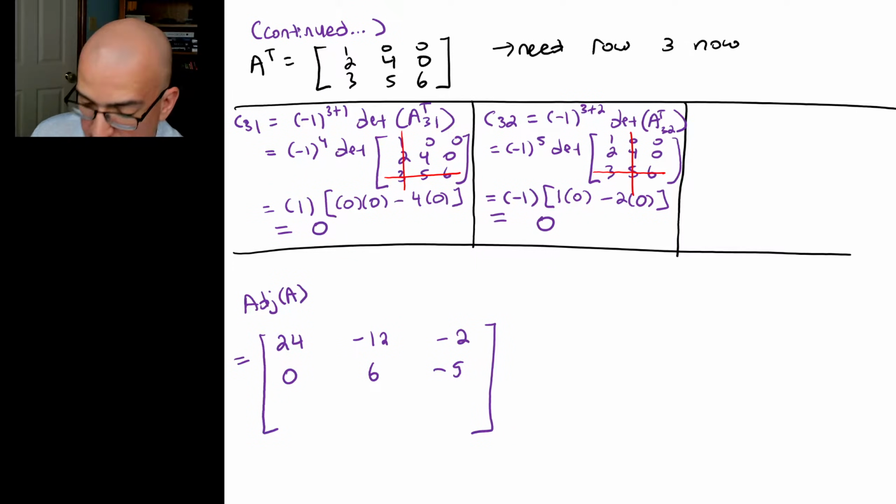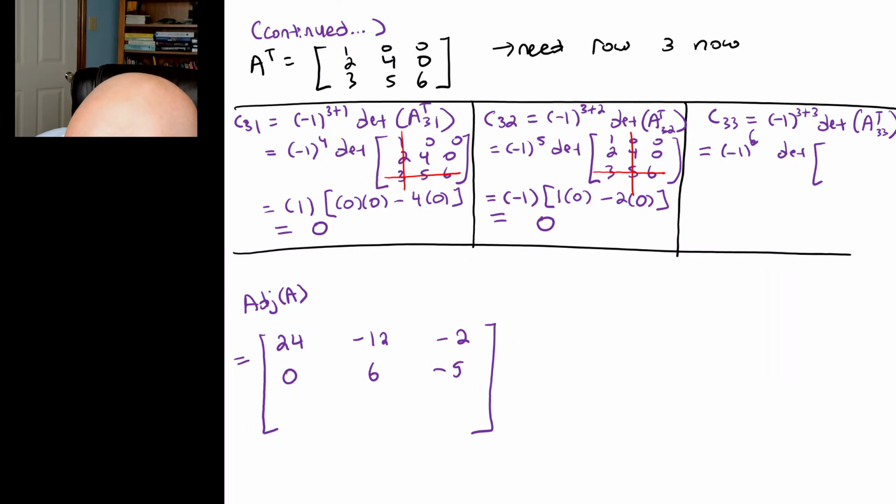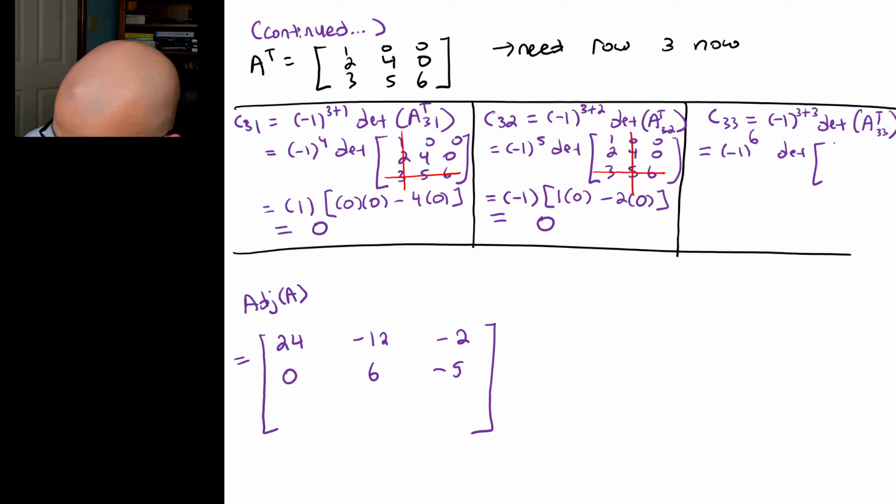And then we have the last cofactor we need to calculate for this example. Negative 1 to the power of 3 plus 3 times the determinant of A transpose 3, 3. So negative 1 to the power of 6. Make a copy of the matrix: 1, 0, 0, 2, 4, 0, 3, 5, 6.